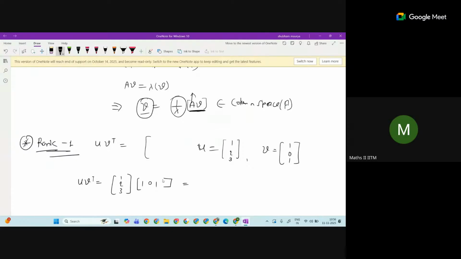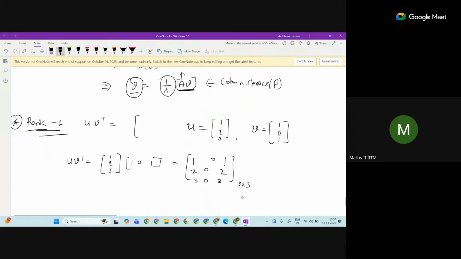Then u v transpose is 1 2 3 times 1 0 1 transpose, and if you multiply, you get a 3 cross 3 matrix: the first row is 1 0 1, then 2 0 2, then 3 0 3.